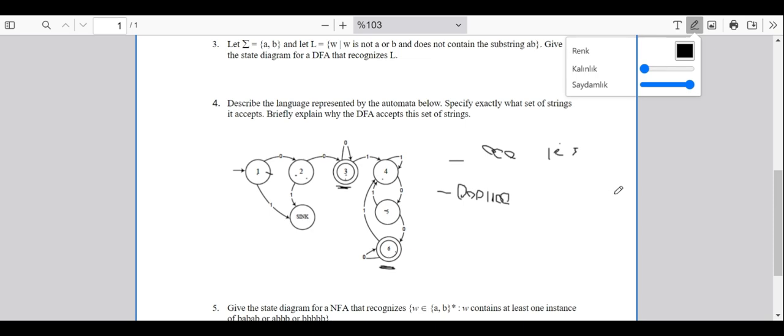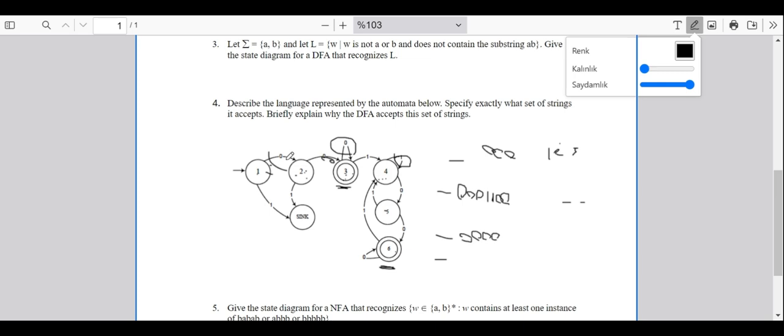This is 1, 2, 3, 4, 5, 6, 7. The other valid path is 1, 2, 3, 3: 0, 0, 0, 0. The other valid path is 1, 2, 3, 4, 4.